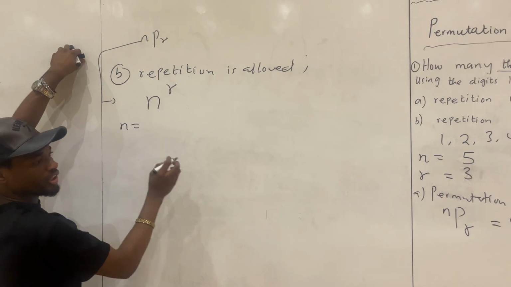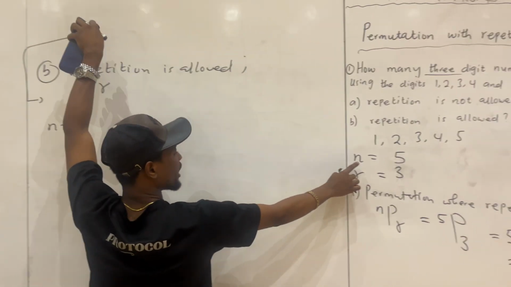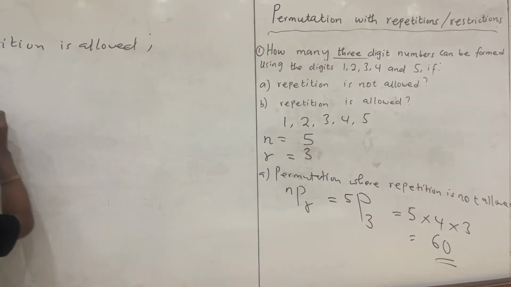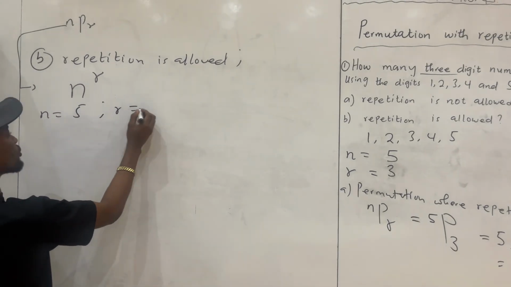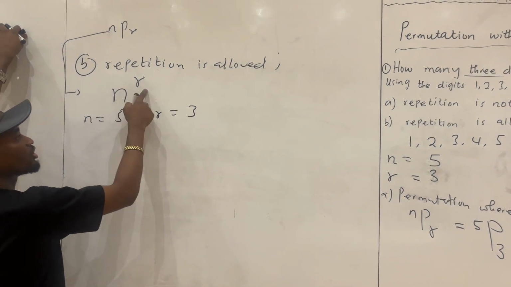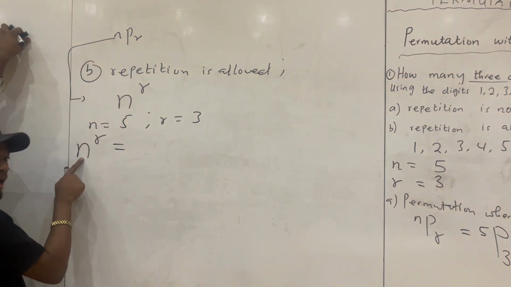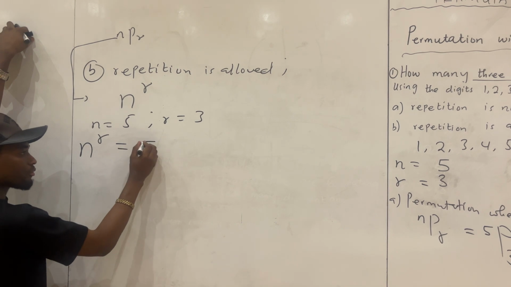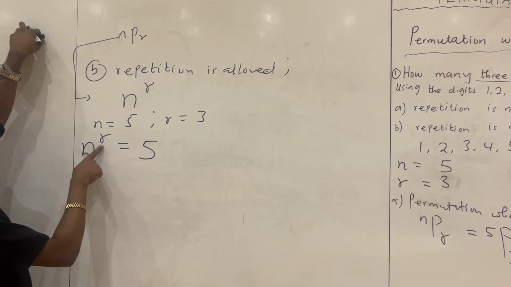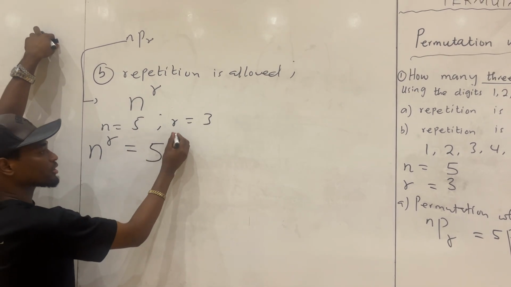Our n equals 5 and r equals 3. So by substitution, n here is 5, raised to an exponent of r, where r is equal to 3.